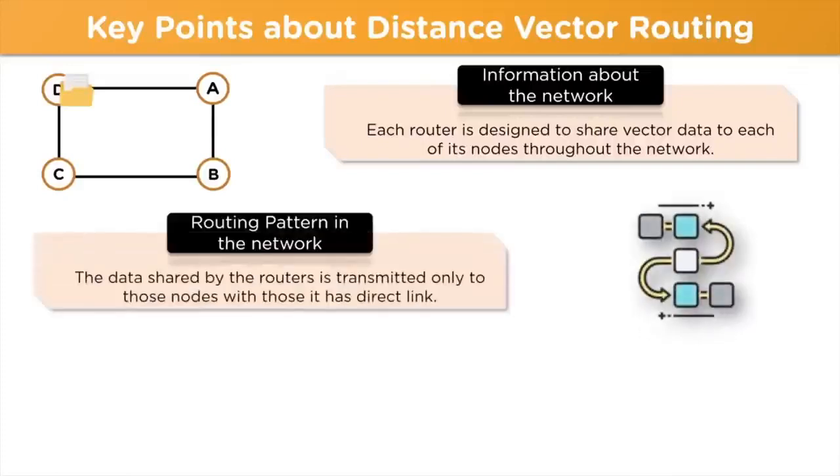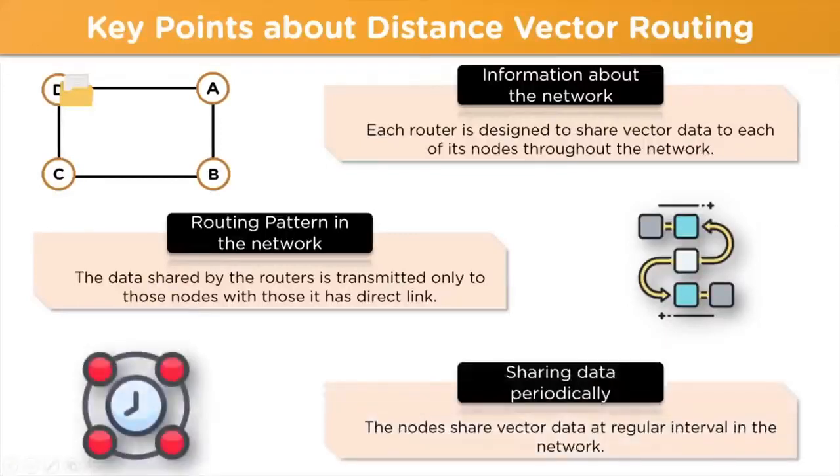The next key point is the routing pattern in the network protocol. That is, the data shared by the routers is transmitted only to those nodes that are directly linked to a particular router. The last key point is that the routing protocol is designed in a manner that it shares the updated vector data periodically in the network channel.